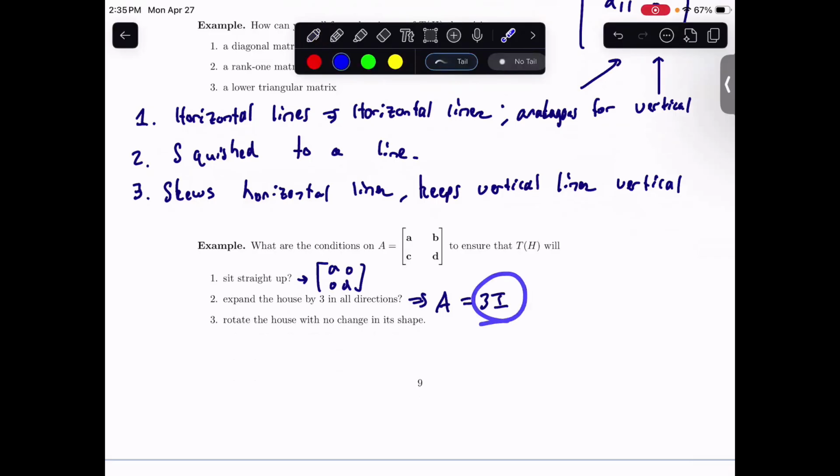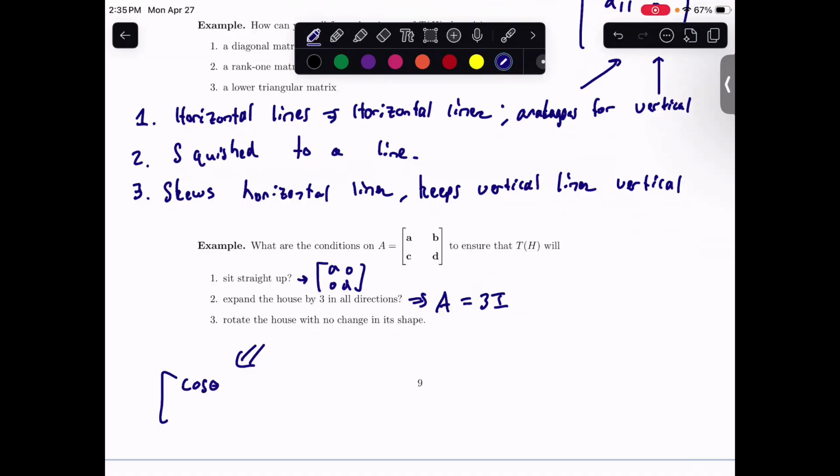Right, so if I multiply by 3 times the identity matrix, this is going to scale the x components by 3 and scale the y components by 3, which is just going to expand the house by 3 in all directions. And then to rotate the house with no change in shape, this is the rotation matrix we talked about in section 4.4 when we were doing the Gram-Schmidt stuff.